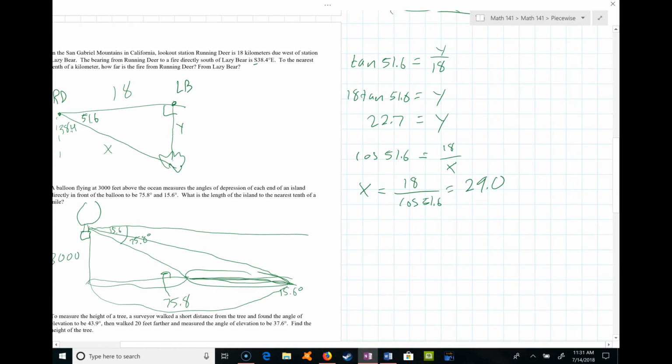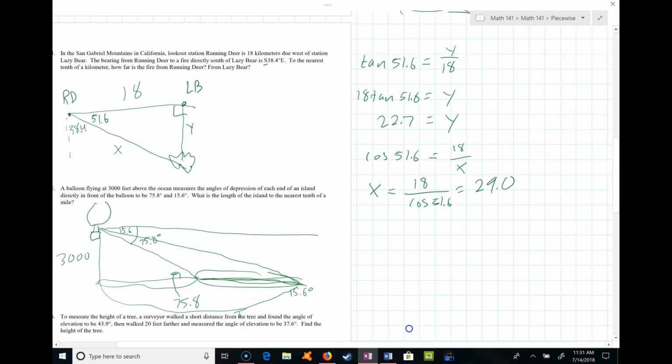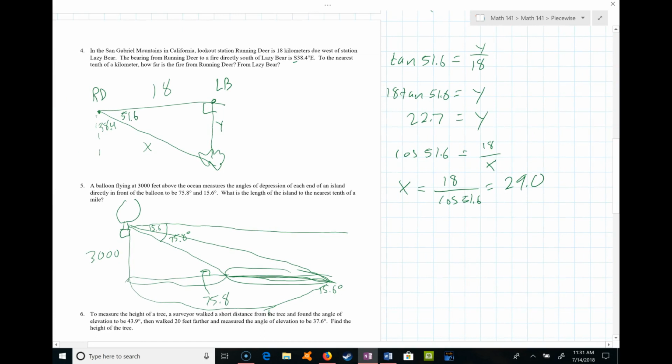Okay. So first of all, to get the long one, we'll call the long one capital T for total. Okay. So in this case, we know the opposite and want to know the adjacent. So that's going to be tangent again. So tangent of 15.6 degrees is going to be equal to 3,000 over the total, which means the total is going to be equal to 3,000 divided by tangent of 15.6 degrees.